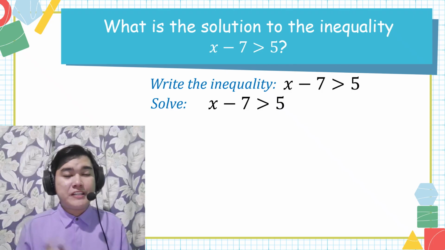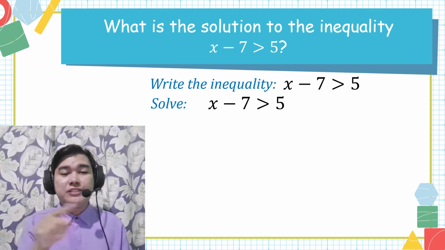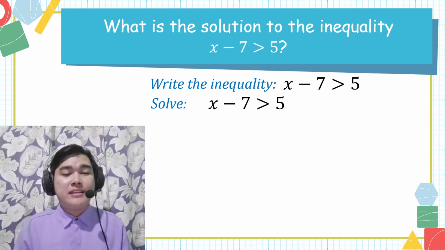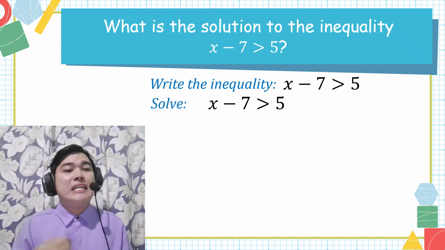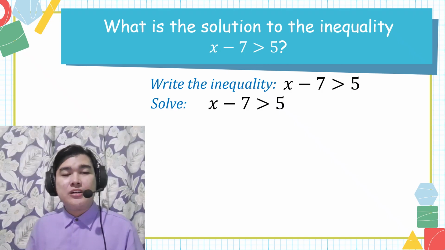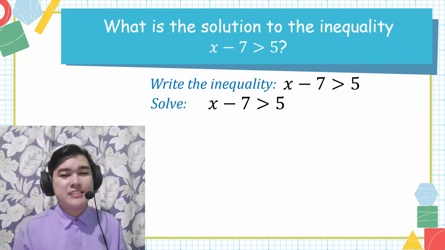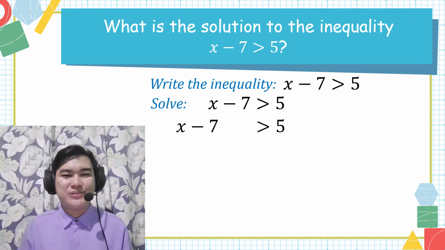The only difference between the two is that in equation, they are using equal sign. But here in inequality, it uses inequality symbols like greater than, less than, greater than or equal to, less than or equal to. Okay? So let's continue.